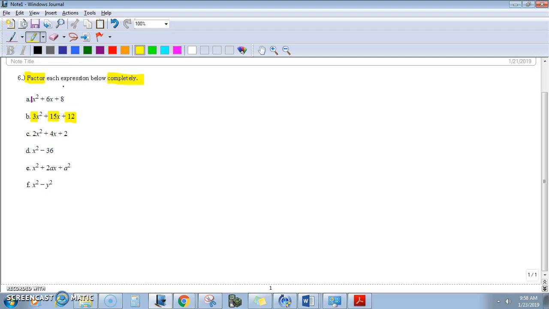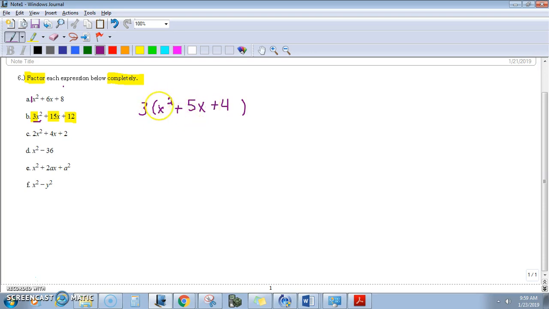So before I even get started, to make it really easy, I'm going to factor out that 3. I'm going to put a 3 on the outside of the parentheses. So 3 times what would be 3x squared? Just x squared, that's what's left over. Plus 3 times what is 15x? That's 5x. And 3 times what is positive 12? That's just going to be plus 4.